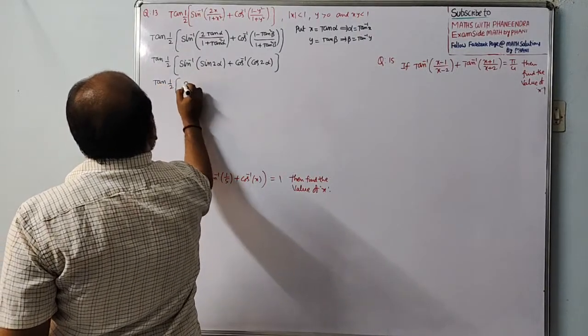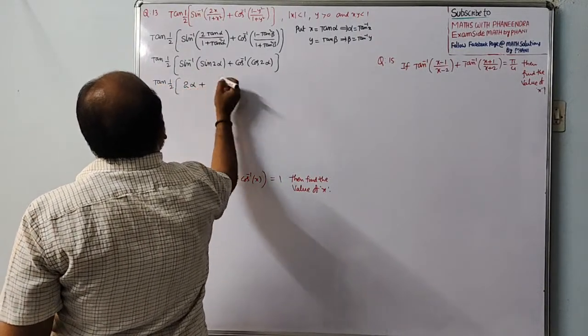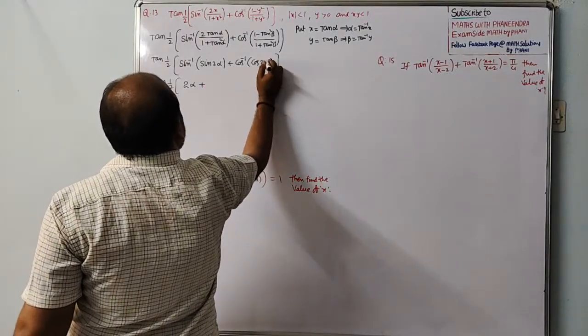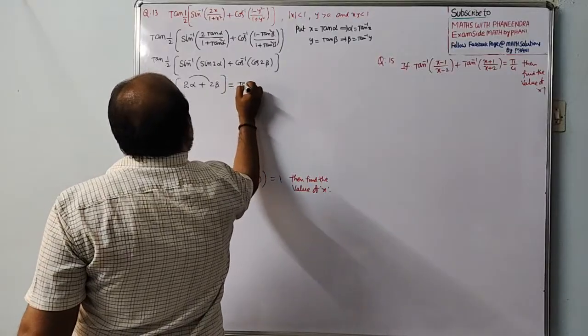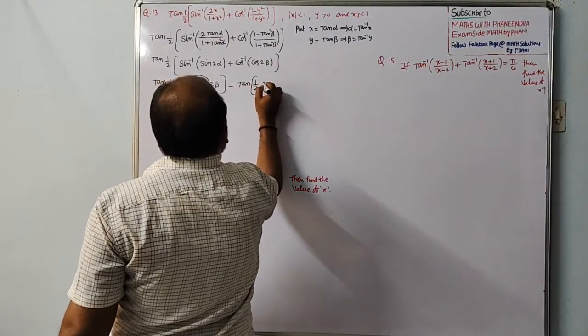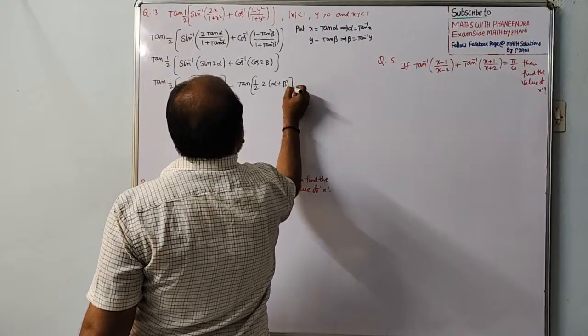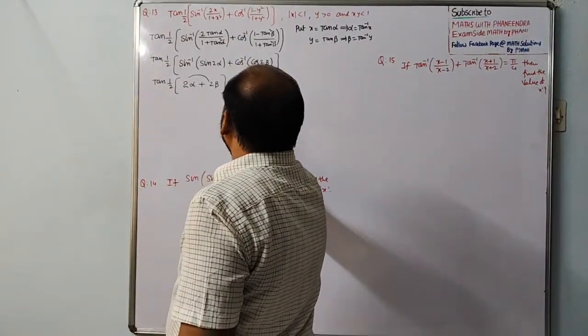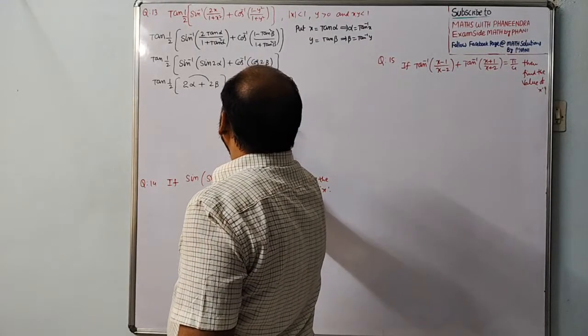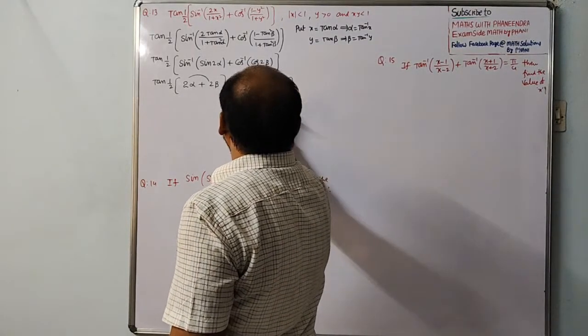Sine inverse of sine 2 alpha is 2 alpha. Cos inverse of cos 2 beta is 2 beta. So, taking 2 common, tan of 1 by 2 into 2 into alpha plus beta. So, 2 gets cancelled. Tan of alpha plus beta.